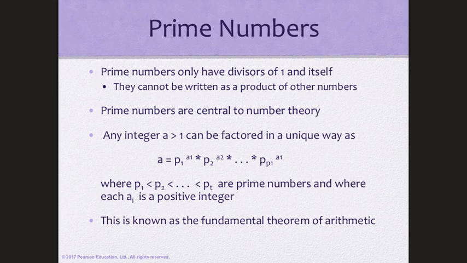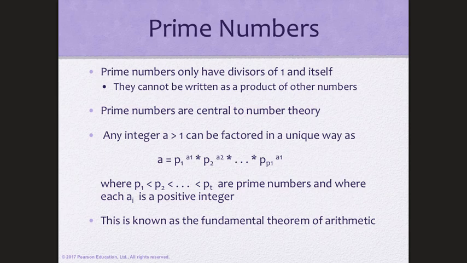One important thing is something called the fundamental theorem of arithmetic. That's a theorem that you have probably been aware of since maybe grade 4, but not by this name, which says that any integer a, which is greater than 1, can be factored into a unique set of prime numbers and their associated exponents, right?